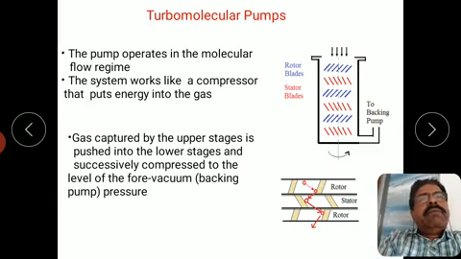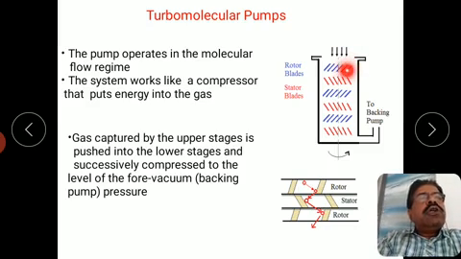But in the molecular flow regime, if you decrease the pressure, the mean free path between the molecules increases. Therefore there will be fewer collisions, and the viscous force will be less. That is the molecular flow regime.